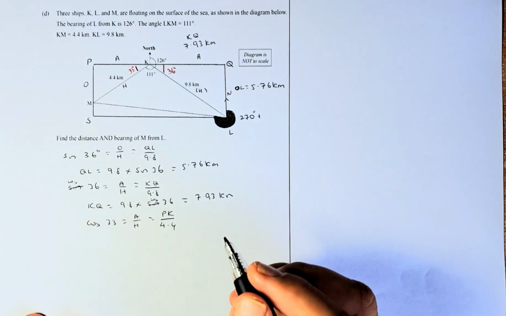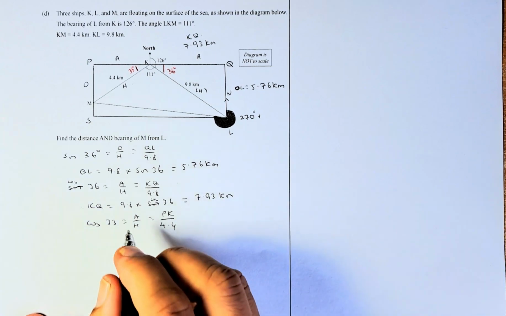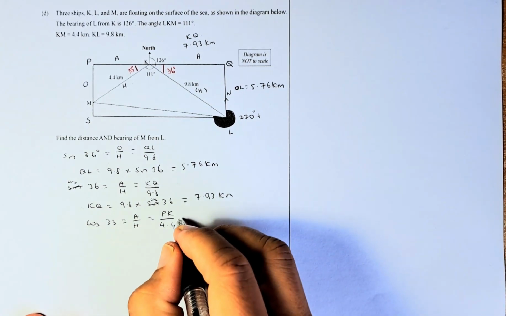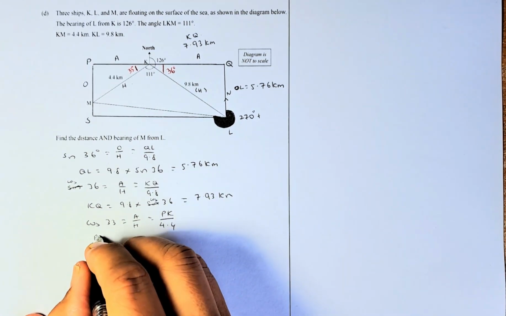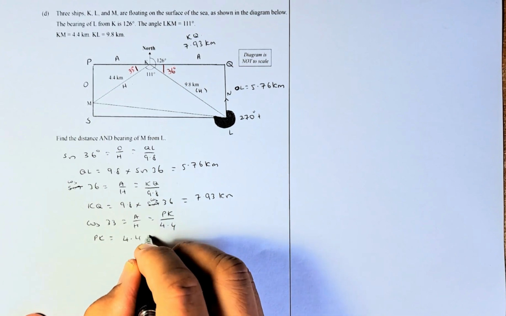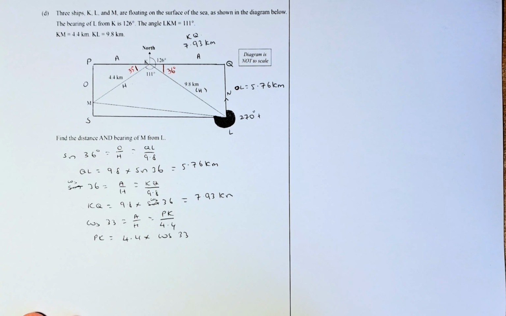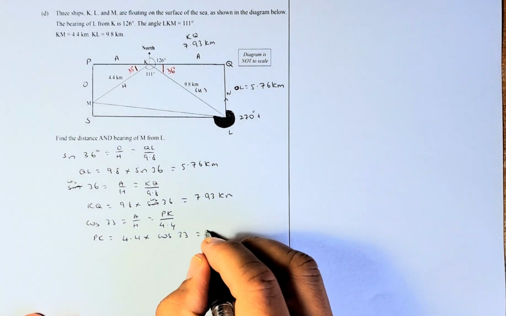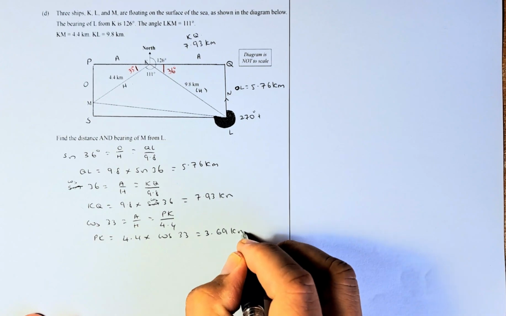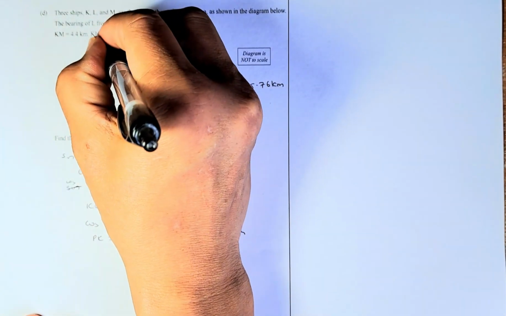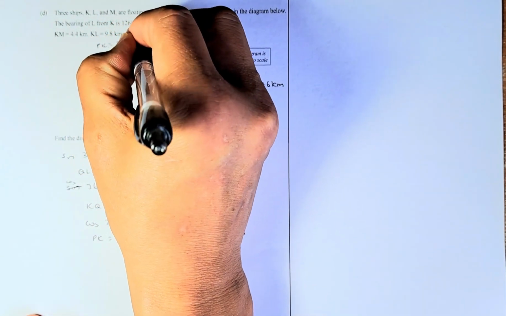Multiplying by 4.4, PK is 4.4 multiplied by cos 33. Use your calculator, PK is 3.69 km.